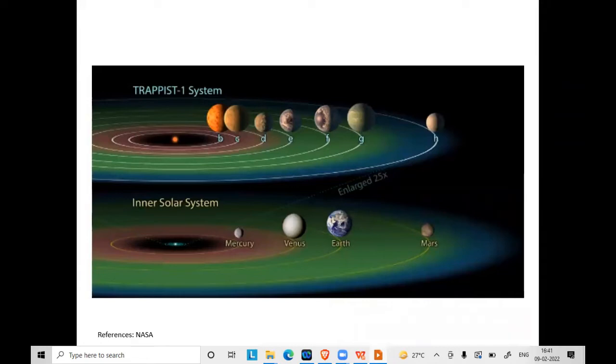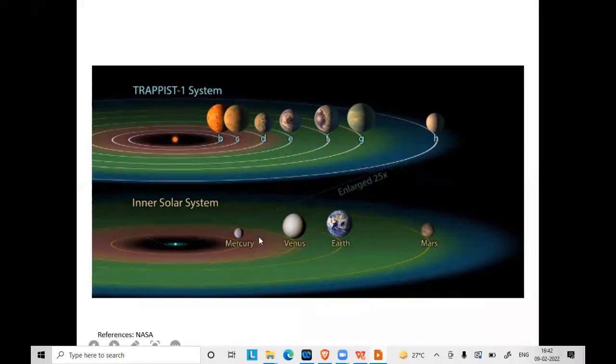Again, if any of you have come across the news of the discovery of the TRAPPIST-1 system, it's a planetary system like ours, but the difference is the star at the center is not like our sun. I think it's a red dwarf star, and that changes the range of the Goldilocks zone.